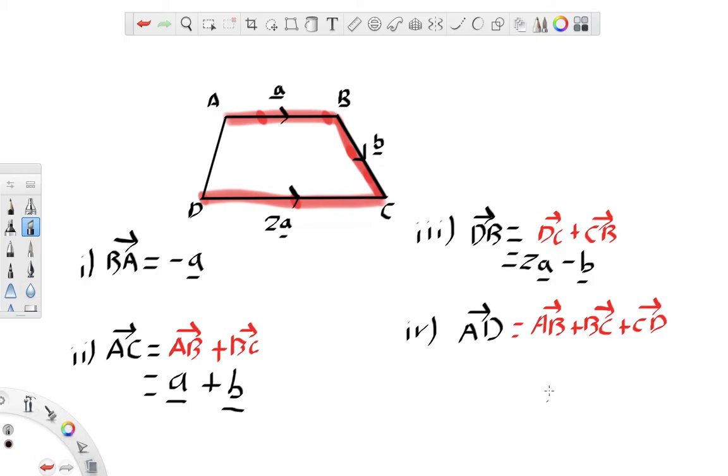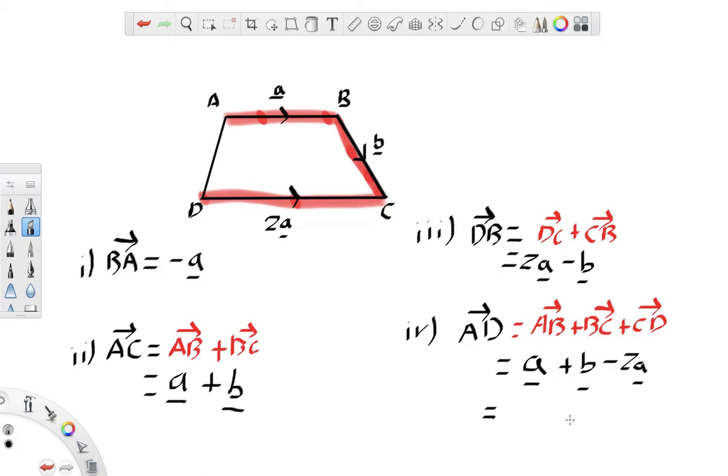Well, A to B is the vector A, so that's easy. B to C is the vector B, so again that's easy. And then C to D, well if we know that DC is 2A, then C to D will be minus 2A because we're going in the opposite direction. So we can then add the vectors up, collecting the ones that have the same letter.